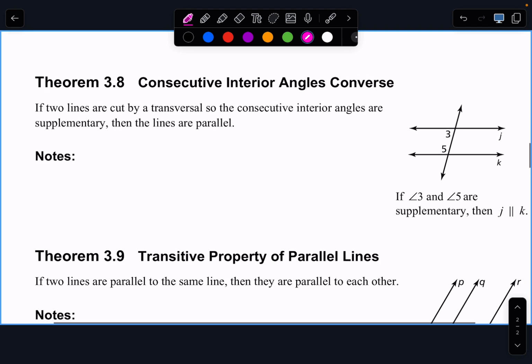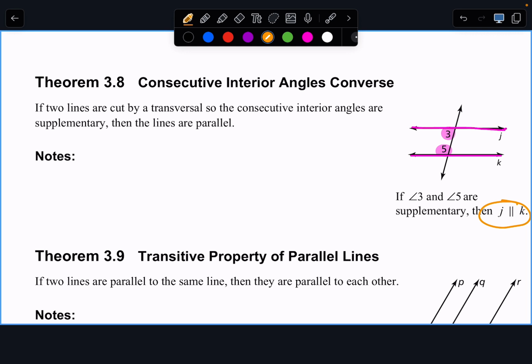And our last one, if I have two lines cut by a transversal and our consecutive interior angles are supplementary, then our conclusion is that our lines are parallel.